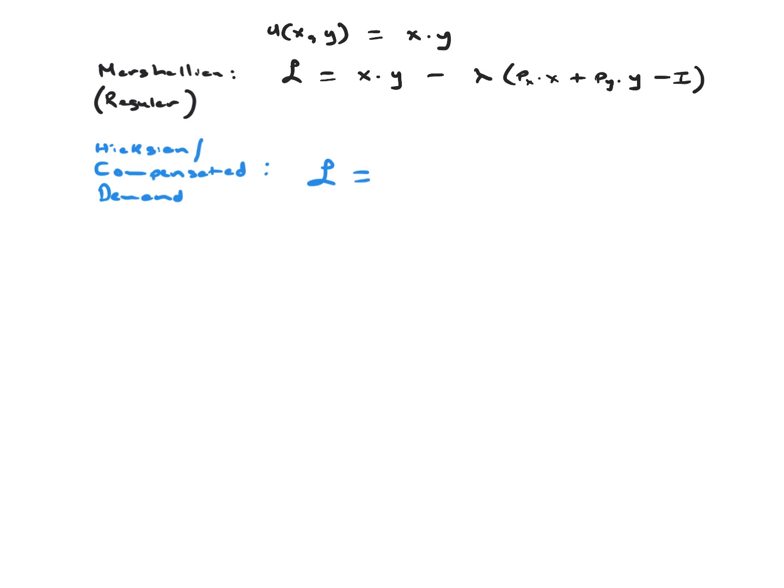We're still going to be putting our objective function first in the Lagrangian, but you'll recall that what we're trying to do this time is minimize spending on goods X and Y, subject to hitting a utility target.